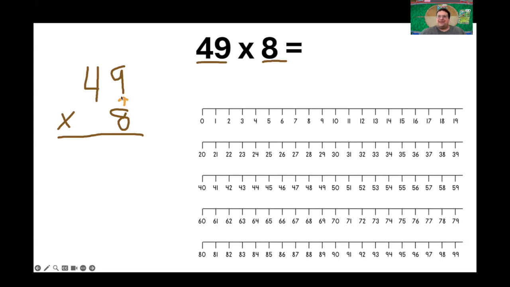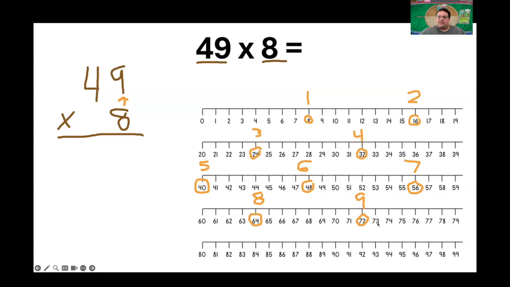This is a big one. 8 times 1 is 8. 8 times 2 is 16. 8 times 3 is 24. 8 times 4 is 32. 8 times 5 is 40. 8 times 6 is 48. 8 times 7 is 56. 8 times 8 is 64. And 8 times 9 is 72.